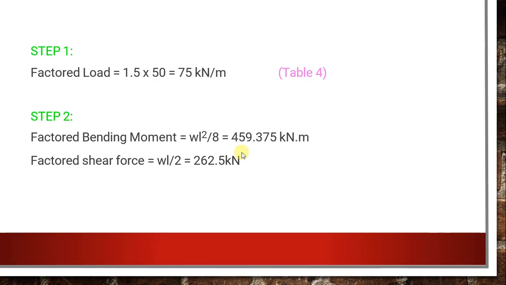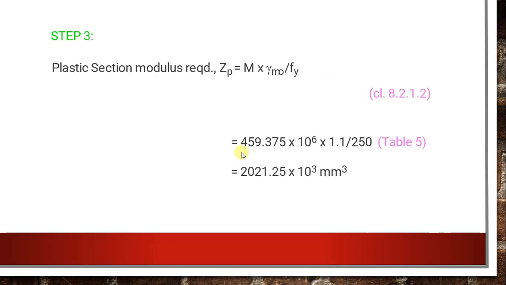Now, in step number 3, you have to calculate the required plastic section modulus. In IS 800/2007 clause number 8.2.1.2, the section modulus formula is given as M into gamma m naught divided by Fy.